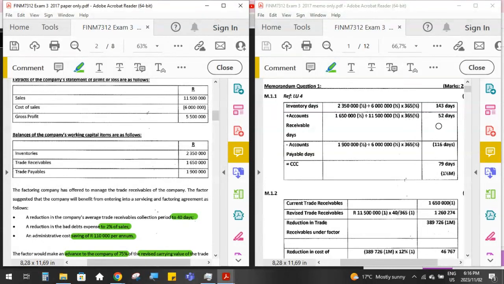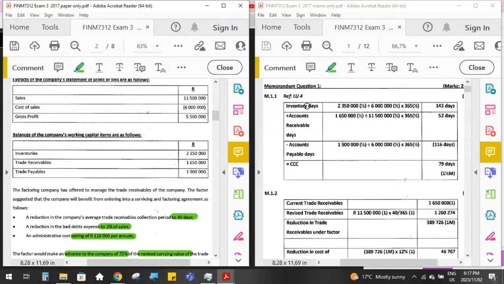So our accounts receivable is collected on average every 52 days throughout the year. So remember, they promised a reduction in the company's average trade receivables to 40 days. So it's going to go down from 52 days to 40 days if we factor. So that should be where part of our benefit is going to come from.